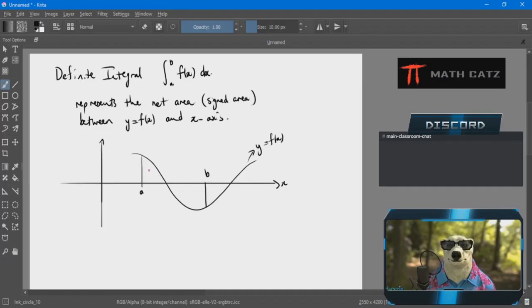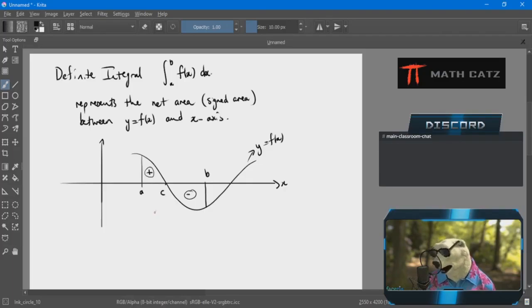It's going to associate a positive sign to areas above the x-axis and a negative sign to areas below the x-axis. And if I do the definite integral all at once, a cancellation occurs and I don't actually get the total area that I want.